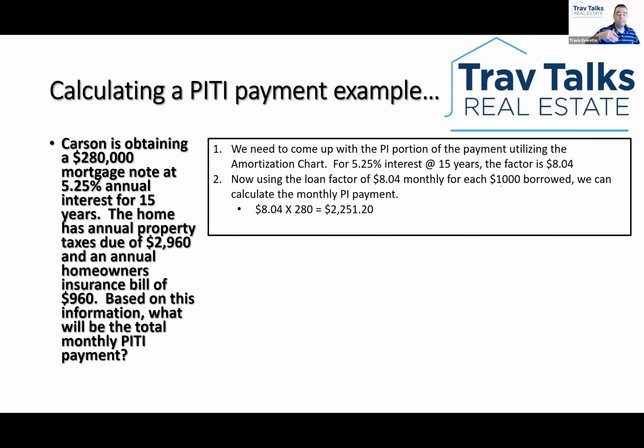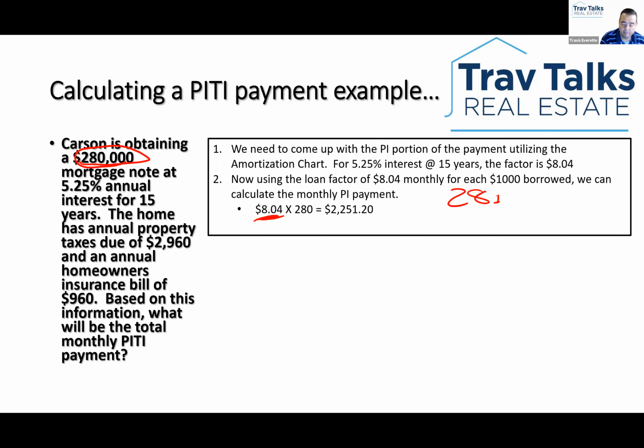So that's step one, I got my loan factor. Now let's turn that into a payment. Did they tell us how much we're borrowing? They said we're borrowing $280,000. So to calculate my payment, it's always going to be my loan factor of 804 times 280,000.